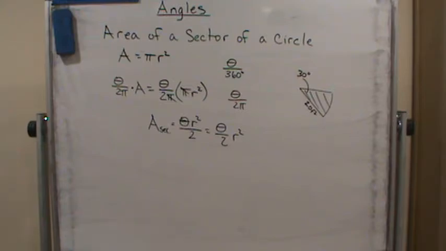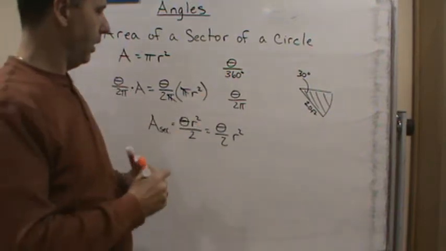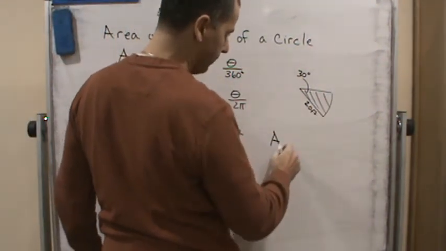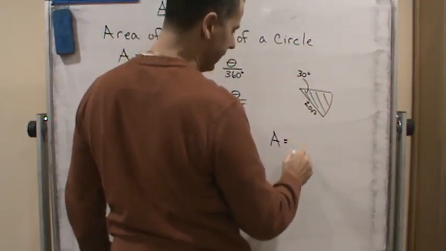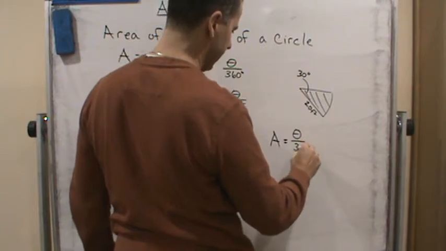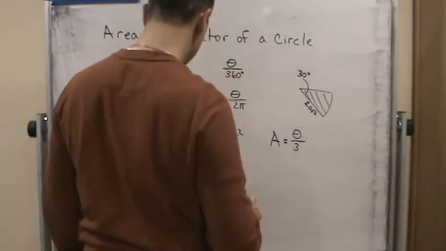Well, great. Since we're dealing with degrees, we're going to use this ratio. So the area of the grass, because it's now a sector of a circle, equals theta over 360. Or actually, you know what? Hold on.